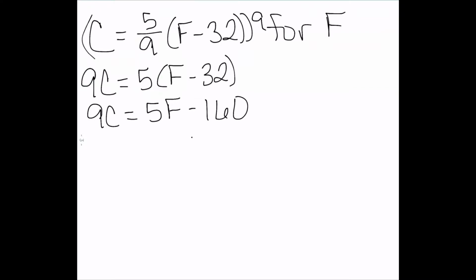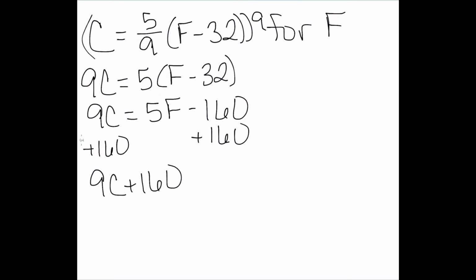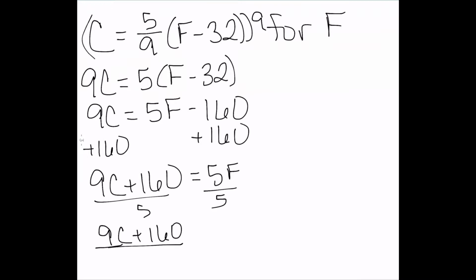I want to get F by itself, so I'm going to add 160 to both sides. That gives me 9C plus 160 is equal to 5F. And then finally, I can divide both sides by 5. 9C plus 160 divided by 5 is equal to F. So now if I have Celsius, I can easily find Fahrenheit.